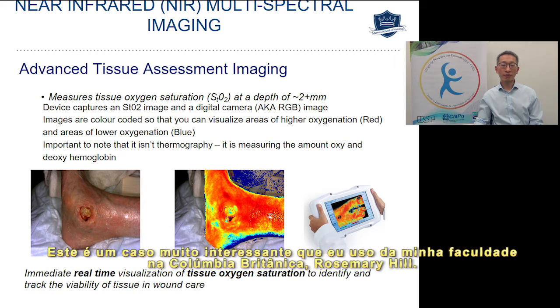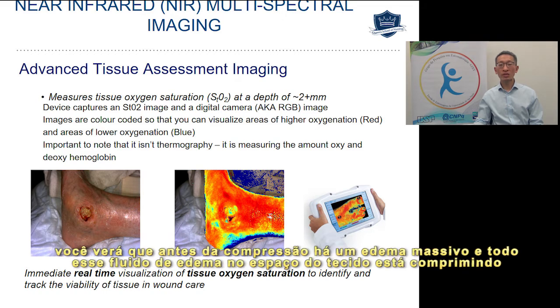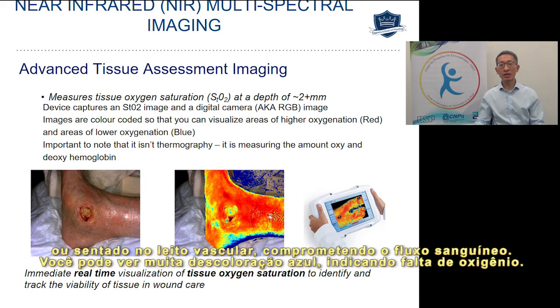And this is a very interesting case that I used from my colleague in British Columbia, Rosemary Hill, comparing the picture using the near-infrared scanning machine before and after compression. What you see here before compression, because there's massive edema, all that edema fluid in the interstitial space is compressing or sitting on the vascular bed, compromising blood flow.